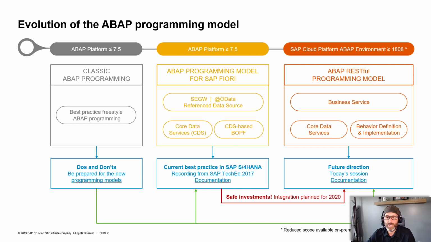As you can see, this is also based on CDS, but we have some new artifacts such as behavior definitions, behavior implementations, service definitions, things like that. This allows us to define and implement the behaviors of our business objects using the ABAP language, and no separate frameworks are needed.